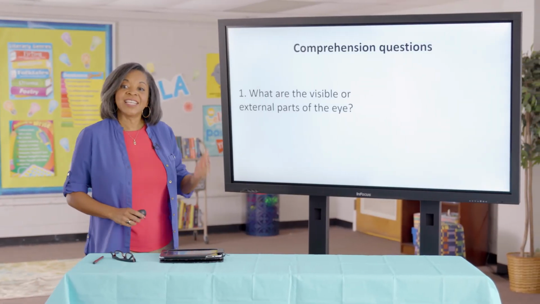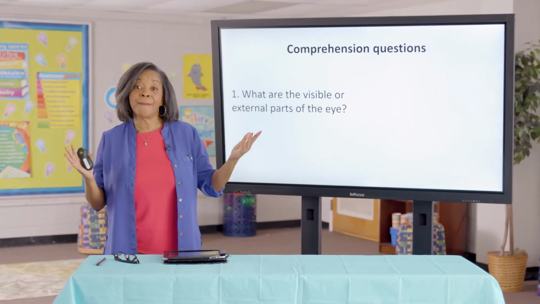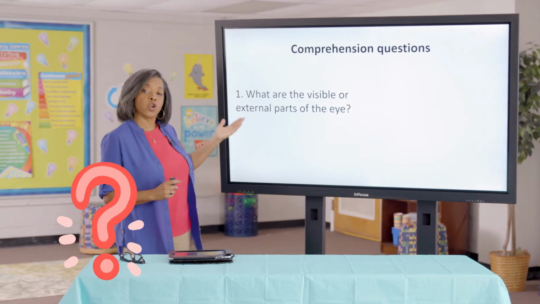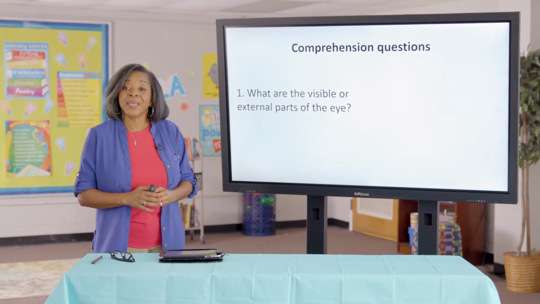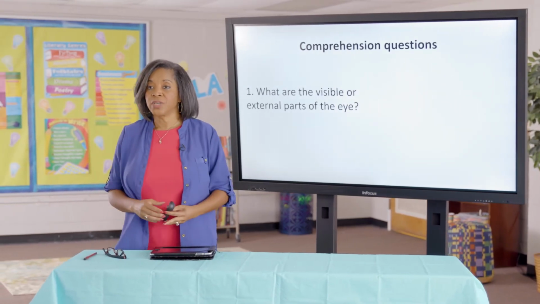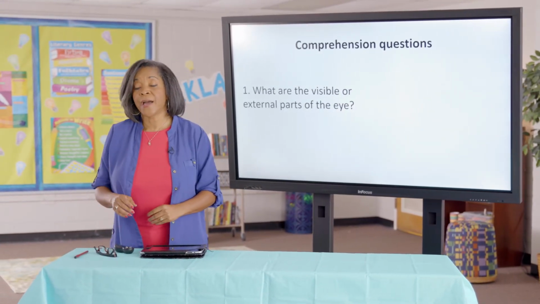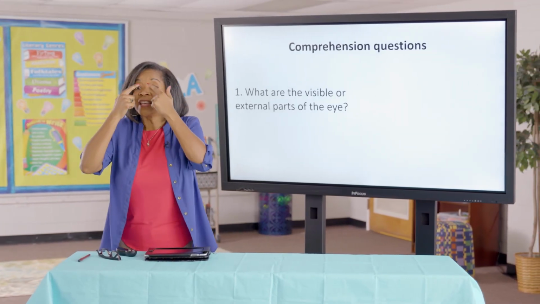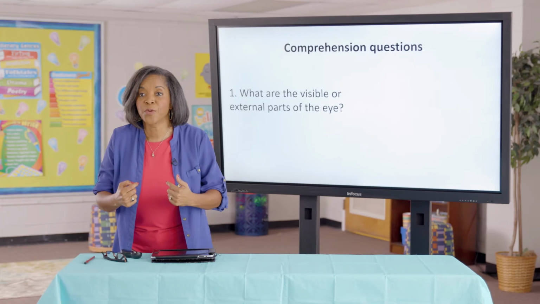All right, so now let's think about the things that we have read about today. What are the visible or external parts of the eye? That means if you look at a person's eye, what are the things that you can see? I want you to think about that. Think about all of the things that you can see as you're looking at the camera right now.